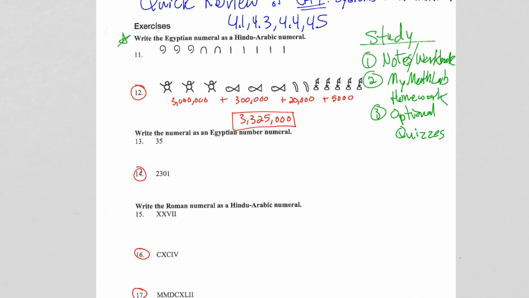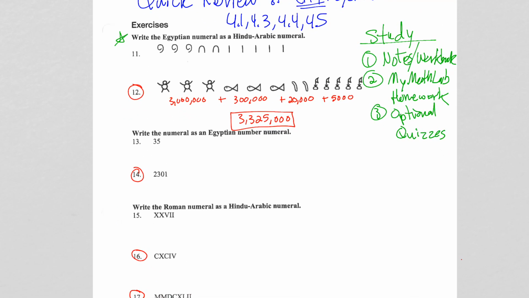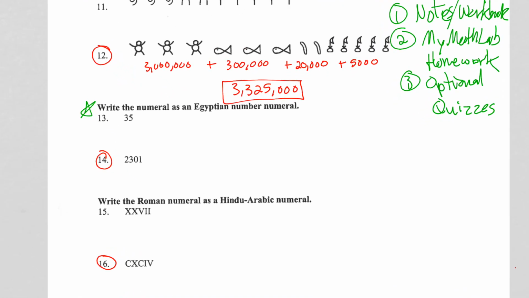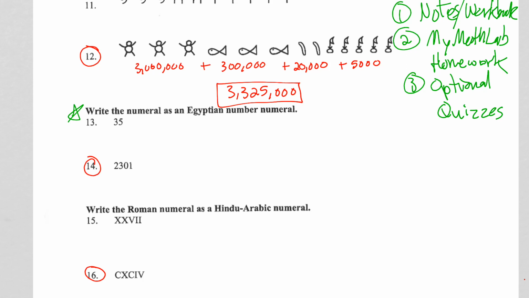And then to be able to translate in reverse. You have, write the numeral as an Egyptian numeral. So we'll do number 14, which is 2,301. I recommend you expand this out. You don't need this 1, just put a 1.